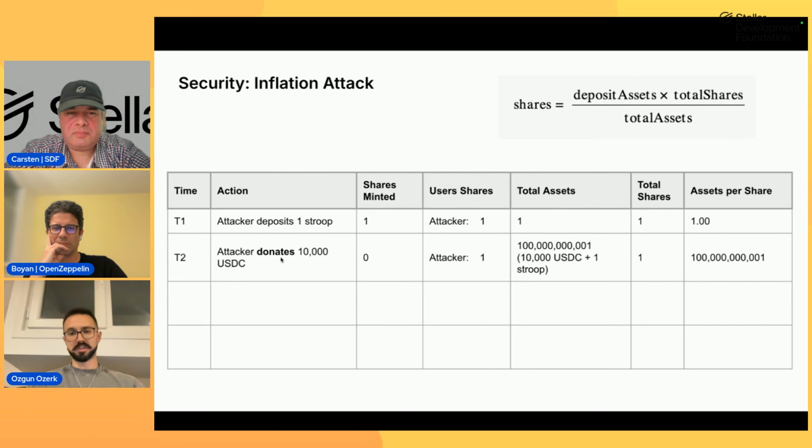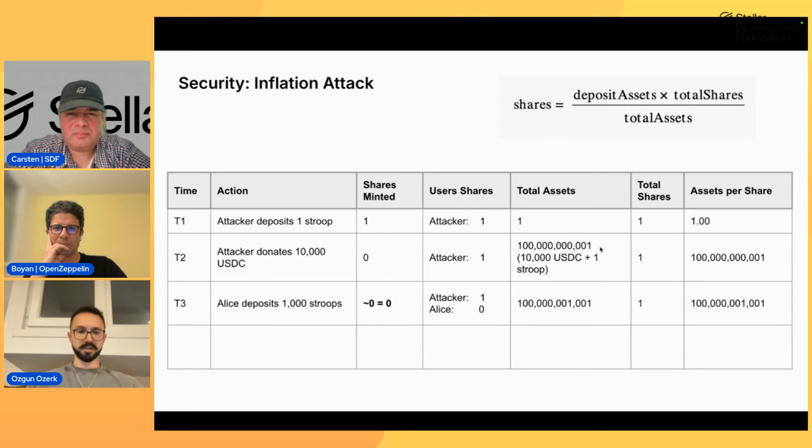Why would someone do this? You will see the reason. If you convert the USDC to stroops, you know there are 7 decimal places in Stellar. So we added after 10,000 seven more zeros, and then we added the previous one stroop. You will have this number for total assets.